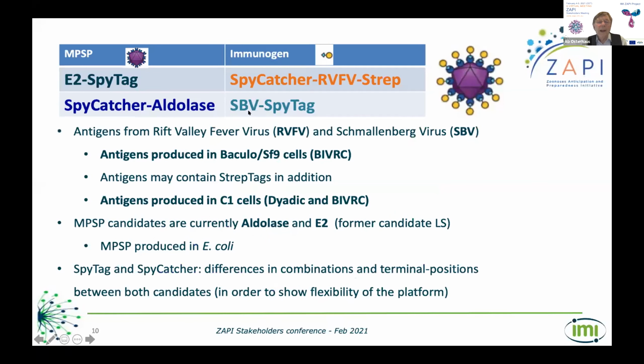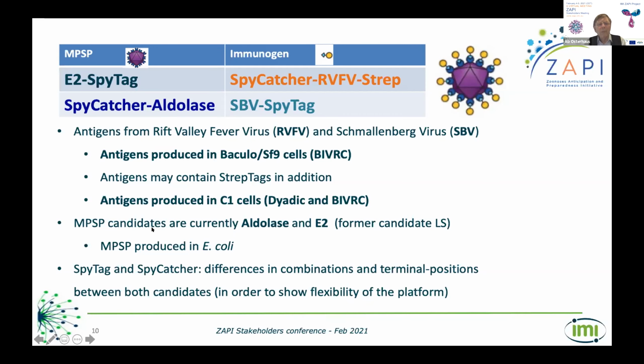So some examples here with the E2 SpyTag system, with the aldolase and also with the LS. And you see here some of the data with Rift and Schmallenberg. The antigens that were produced in baculo on the insect cells may contain the strep tags in addition, and antigens were also produced in C1 cells, both by Dyadic and by Boehringer, as I said.